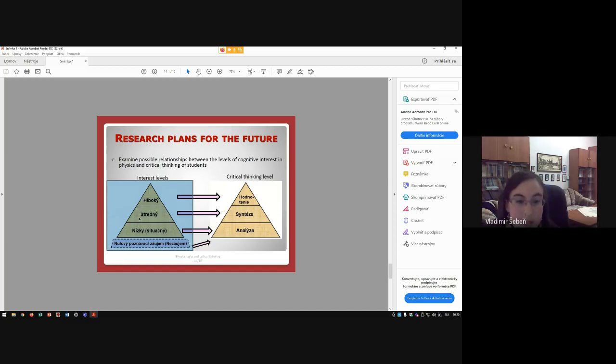Similarly, the medium level of students' interest would be associated with the medium level of critical thinking, which is synthesis. And finally, the highest level of interest would be associated with the highest level of critical thinking, meaning assessment.